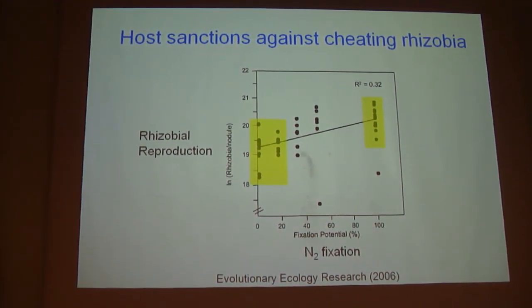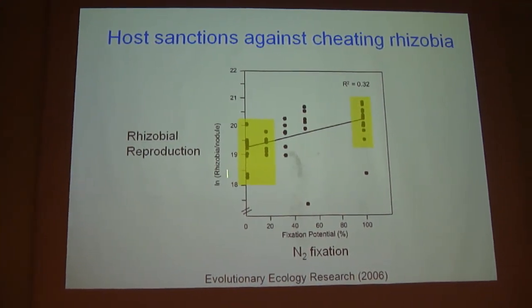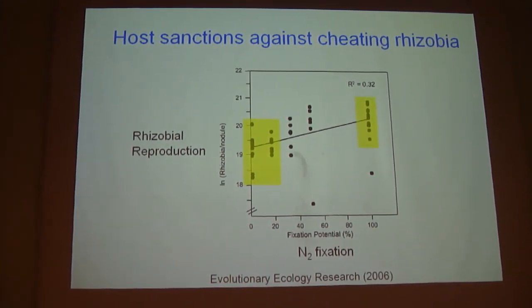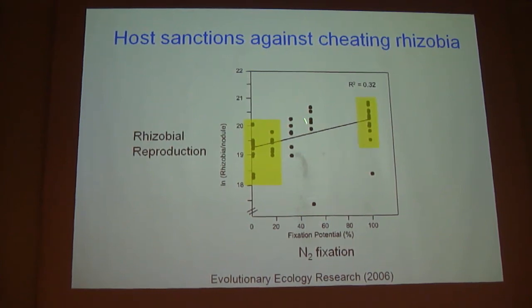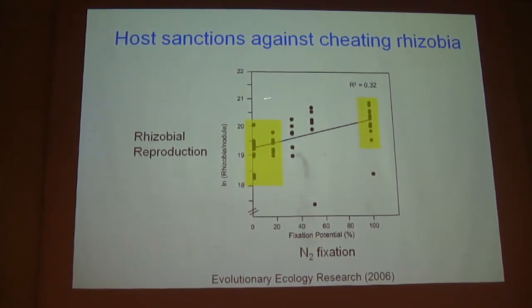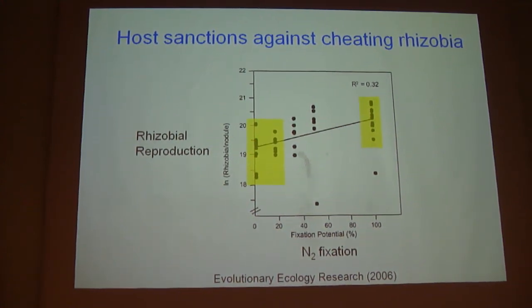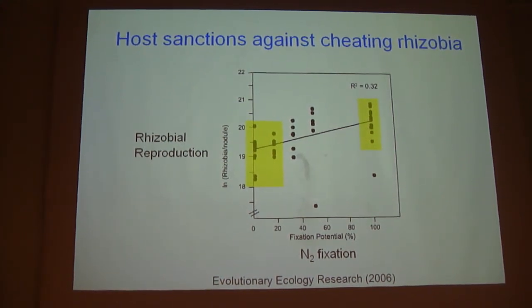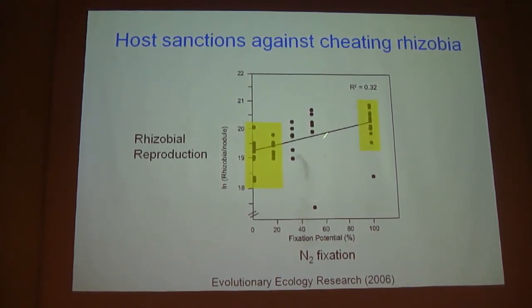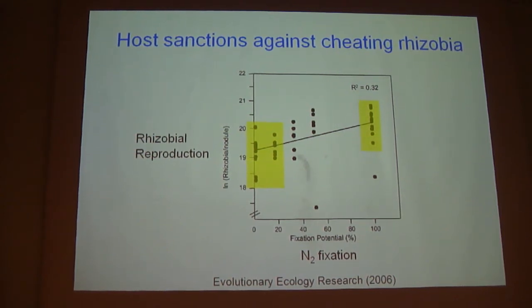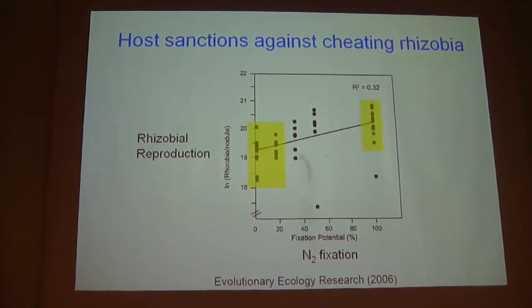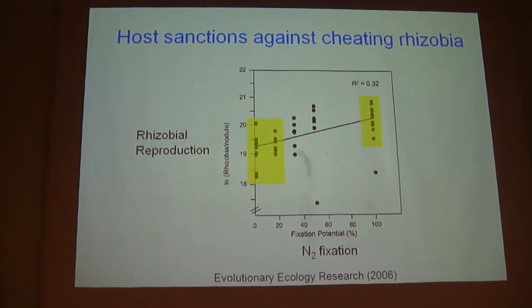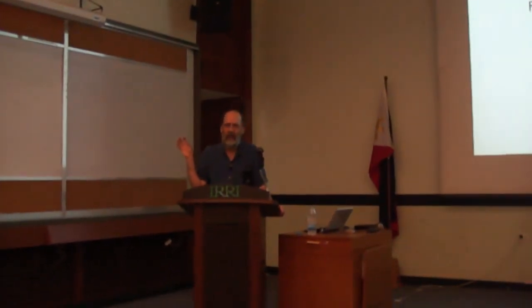And if we compare the rhizobium fitness, this is a log scale, and actually these 3 lower rates of nitrogen fixation, all of them were statistically significantly lower rhizobium fitness relative to full nitrogen fixation. But these rhizobia were fixing nitrogen at only 50% of capacity, and yet the difference in their fitness wasn't statistically significant. It's sort of a hit or miss whether they were going to get hit with strong enough sanctions to reduce their fitness.